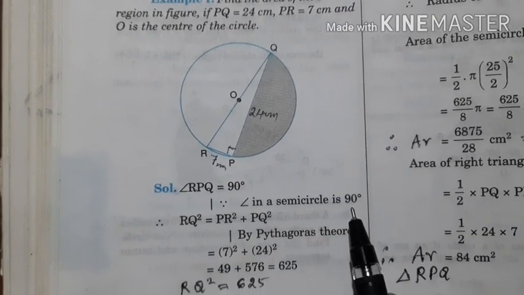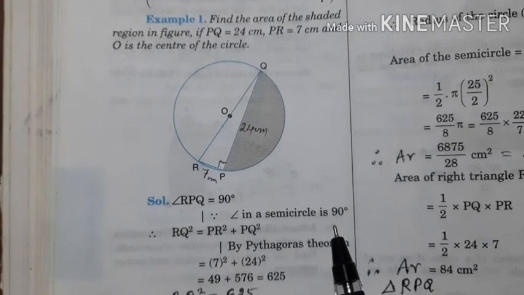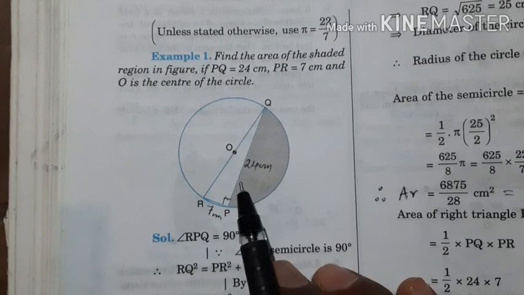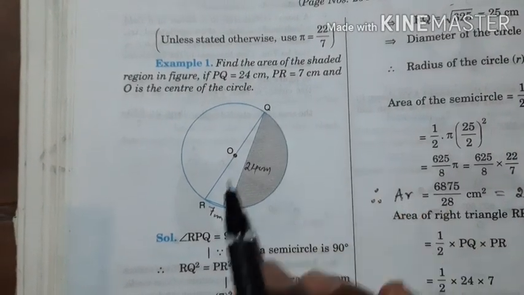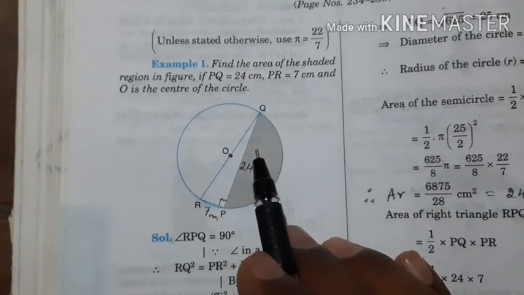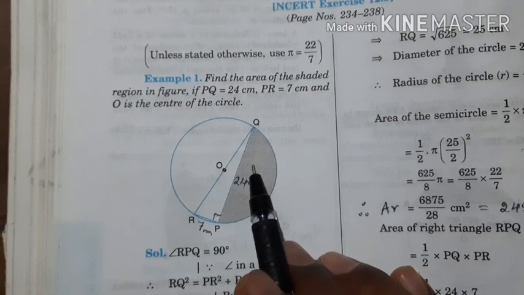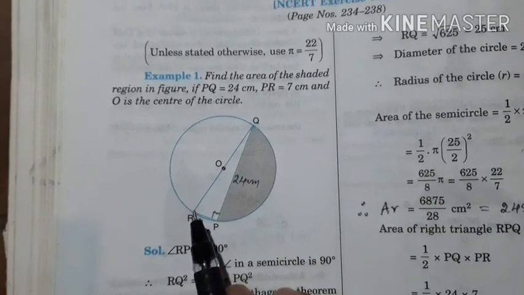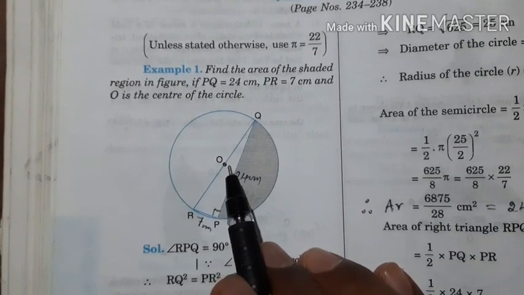Here we do not know the radius of this circle. So, let us find the radius first. But how to find the radius? First let us find the length of RQ, and half of RQ is the radius of the circle.